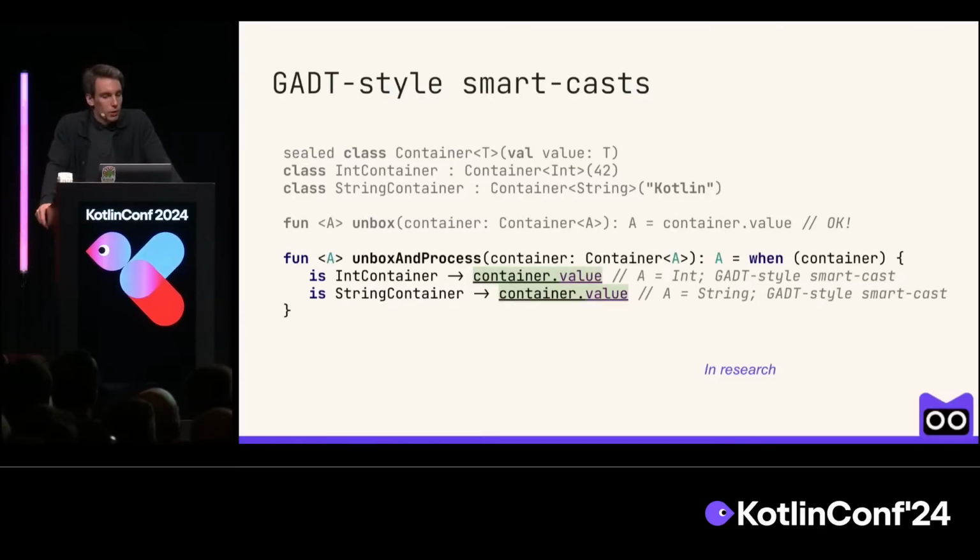And this is what we call a GADT-style smartcast, which means that we use subclassing information to convince our compiler that this generic A can be either int or string after these type checks. And this topic is under research, but we see pretty good results, and we are going to publish a detailed KEEP with a proposal quite soon.